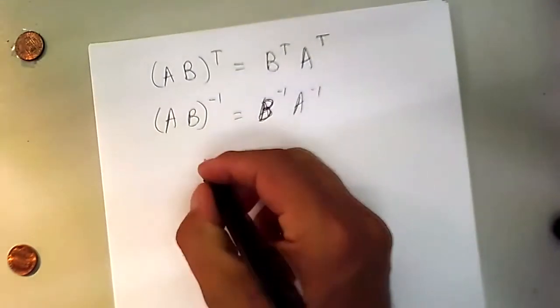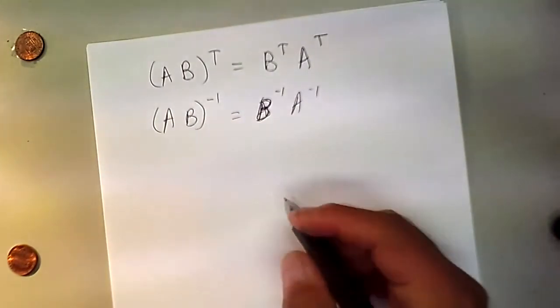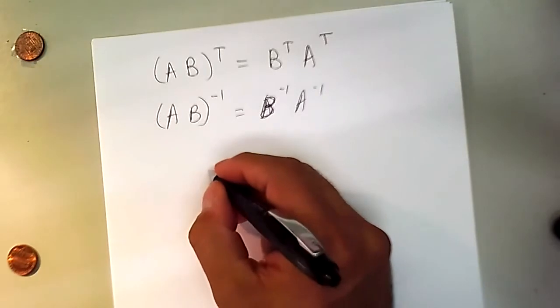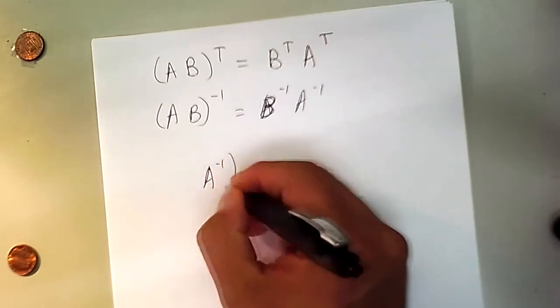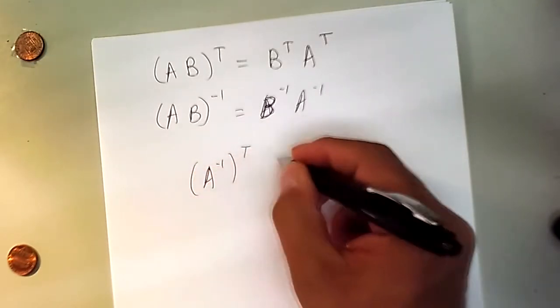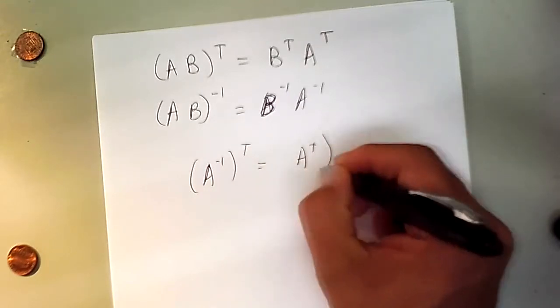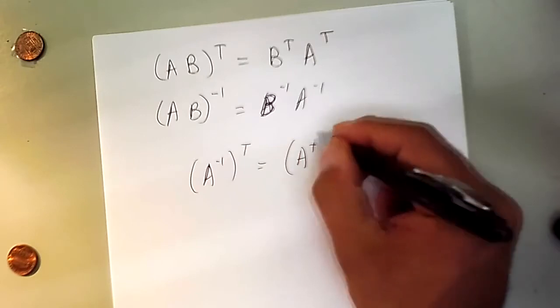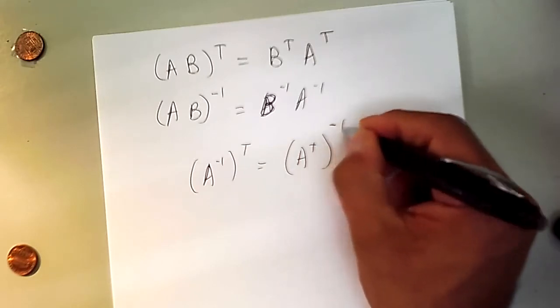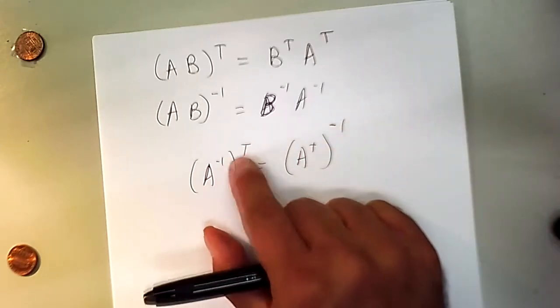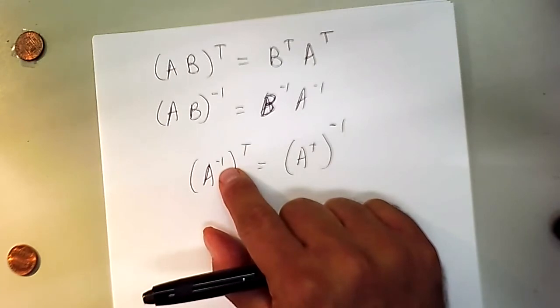A very, very unexpected property, in my opinion, is that the inverse of the transposed gives us the transposed of the inverse. In other words, transposing and inverse commute.